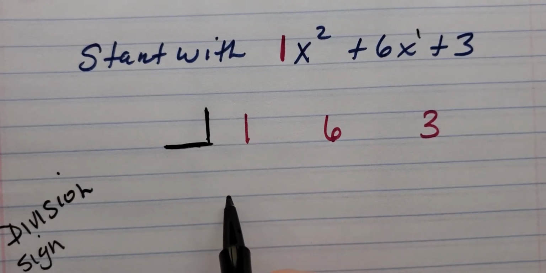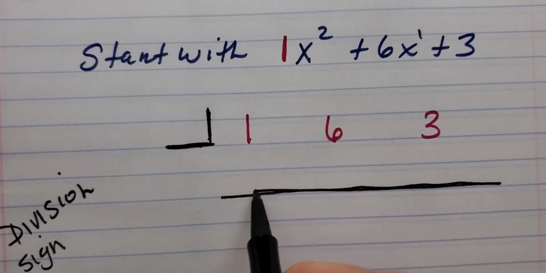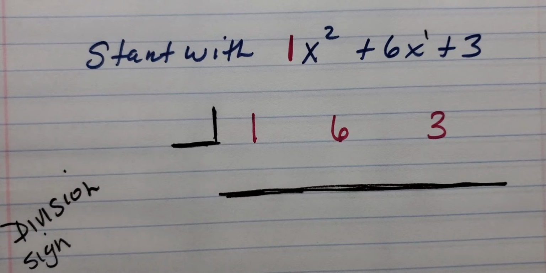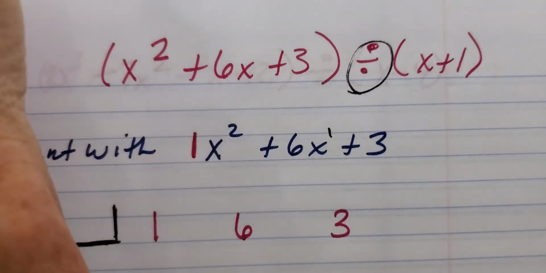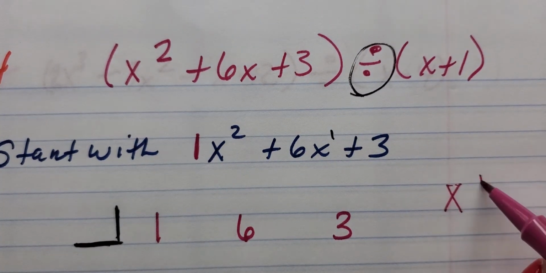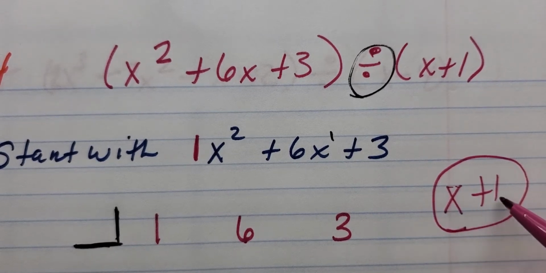Okay, now we're going to draw a straight line under here because I'm going to need that. Okay, the binomial. Remember that binomial up here, that x plus 1? Well again, we're not interested in the x. We're interested in the 1.